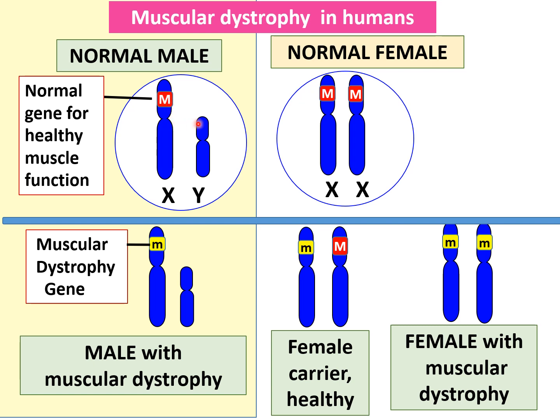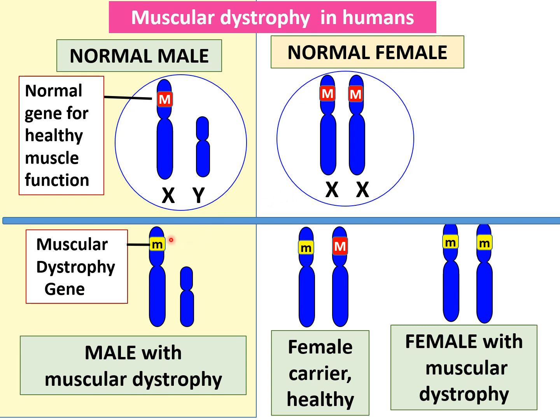But the Y chromosome doesn't carry any such gene because it is shorter and smaller. Okay? So males have only one gene for normal healthy muscle function. For females, because they have 2 X chromosomes in each cell, they will have 2 genes for normal healthy muscle function, because the X chromosome is the one that carries this gene. So that makes a great difference.